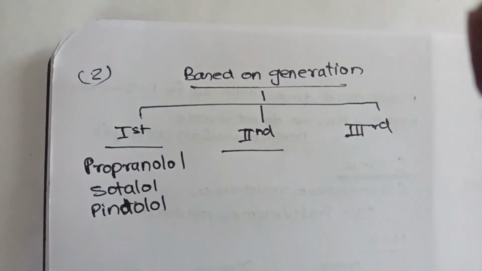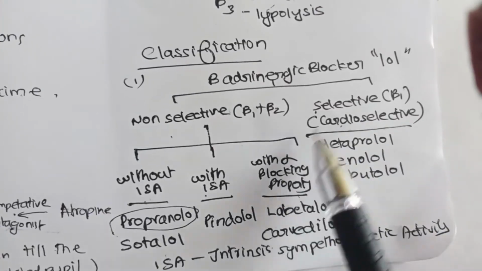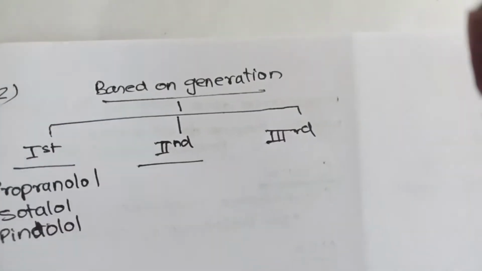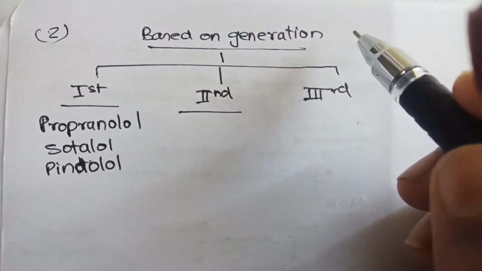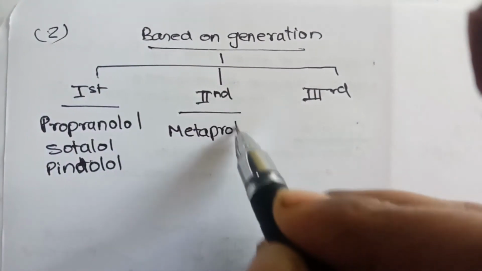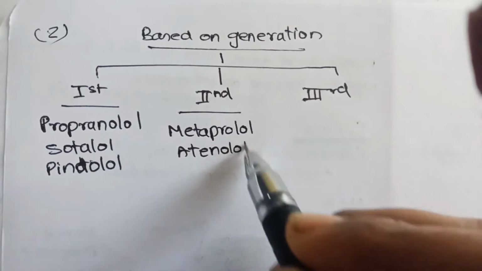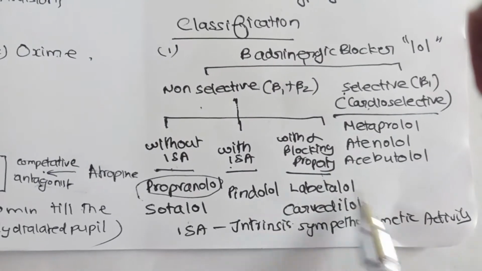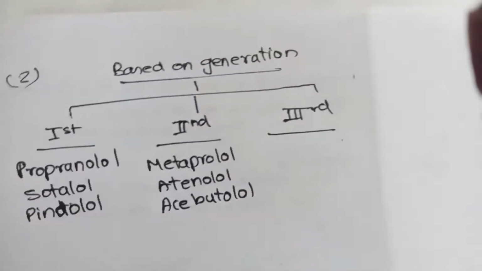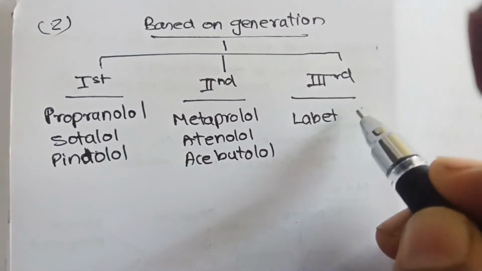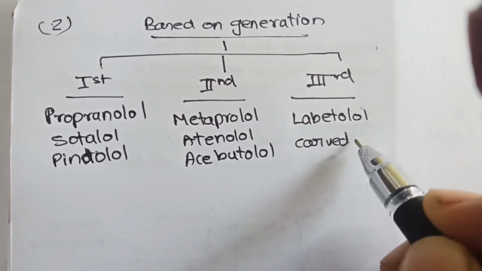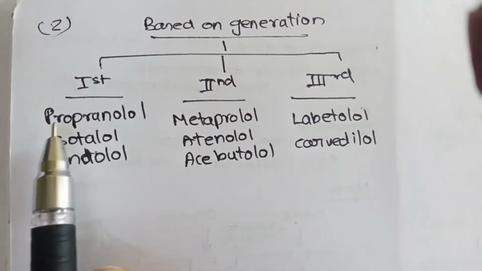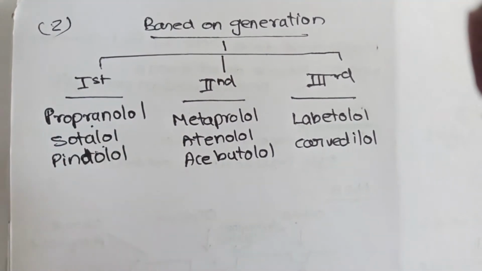In the second generation, we have the drugs classified under the cardioselective type. We have learned some of them: metoprolol, atenolol and acebutolol. Now coming to the third generation, it includes drugs having alpha blocking properties, which are labetalol and carvedilol. Note that this relation is not exactly the same for all the drugs, but it helps us to study easily.